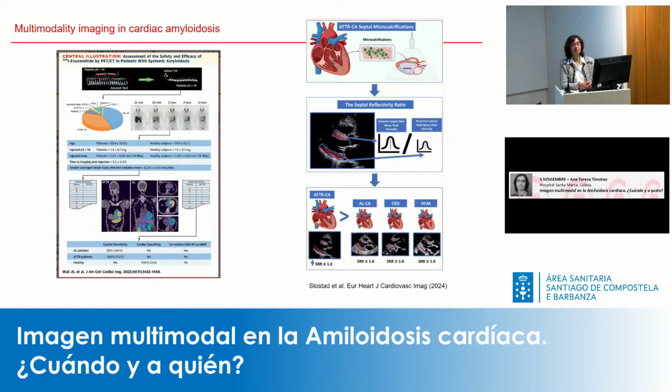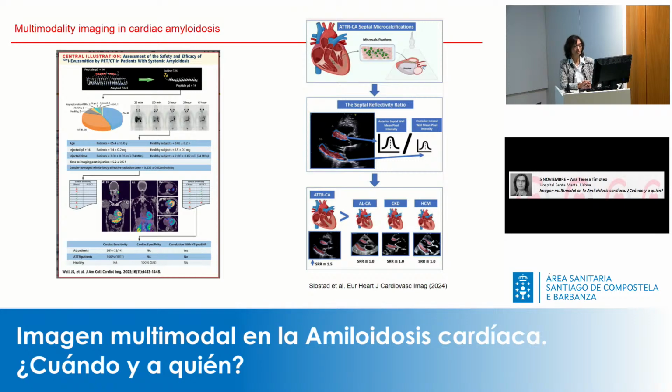And we have now other diagnostic alternatives. On the left panel, there is the possibility to use the radiotracer evuzamitide, which can be helpful in PET scan because it has a high avidity for cardiac amyloid, and it can be helpful for diagnosis of amyloidosis.